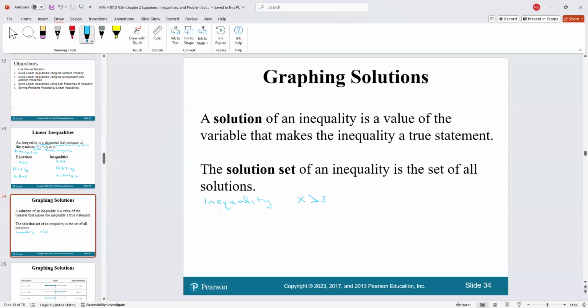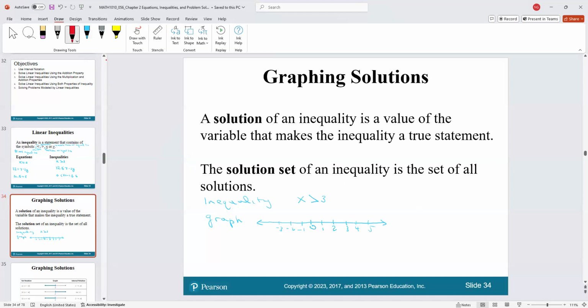Now graph, I can go on a number line. I identify where is 0, 1, 2, 3, 4, 5, etc. On the left of 0 is -1, -2, -3, etc. And these arrows mean we can continue indefinitely.